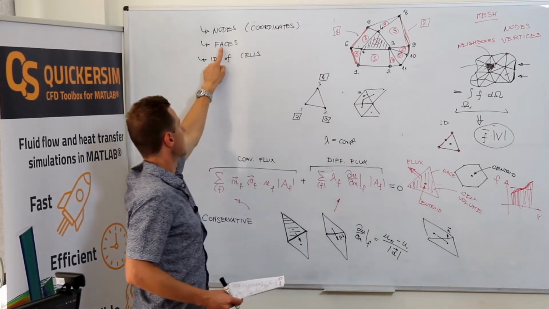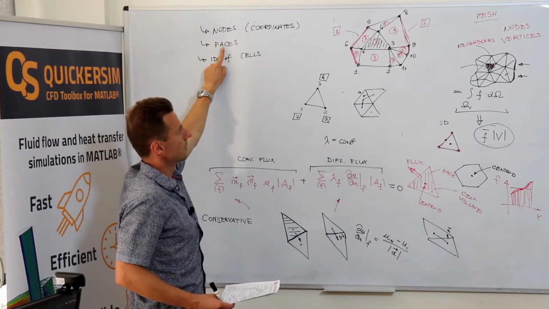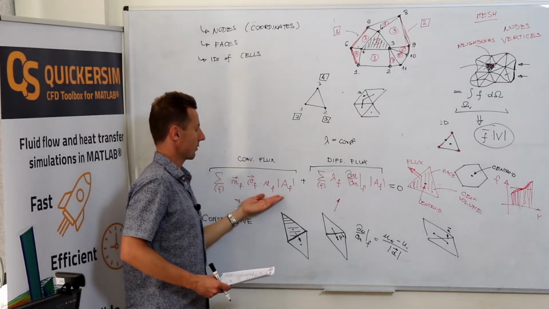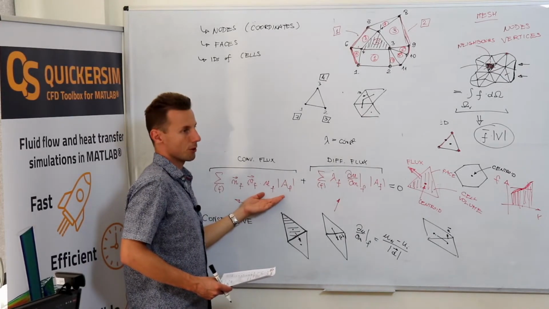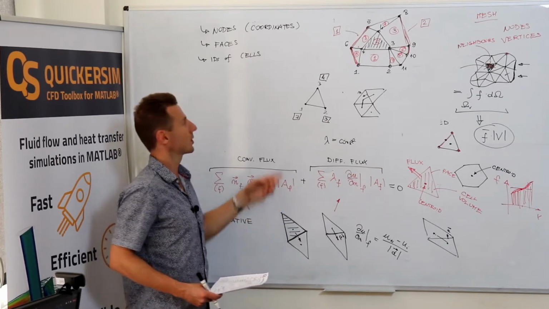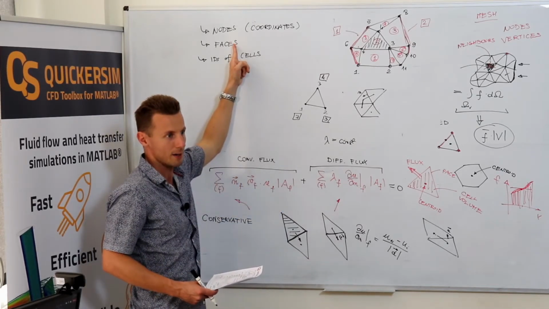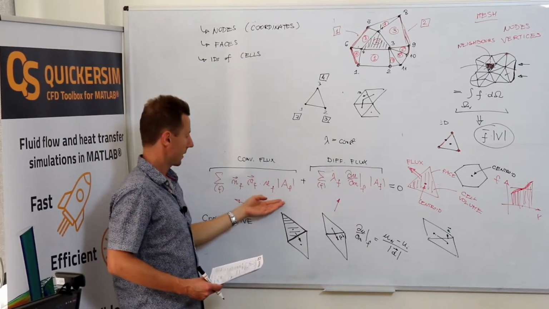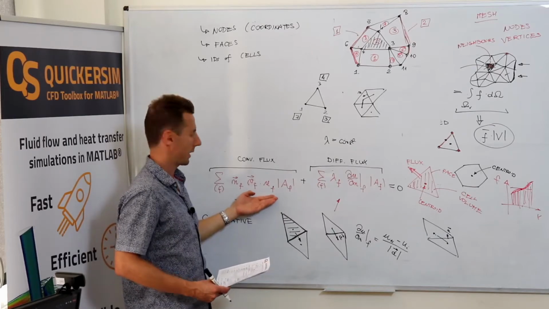But by storing the faces, what you can do in the discretization is, you see, the discretization of the finite volume method requires only calculating the fluxes and nothing else. So you can use this array to go through all the faces and simply calculate the fluxes.